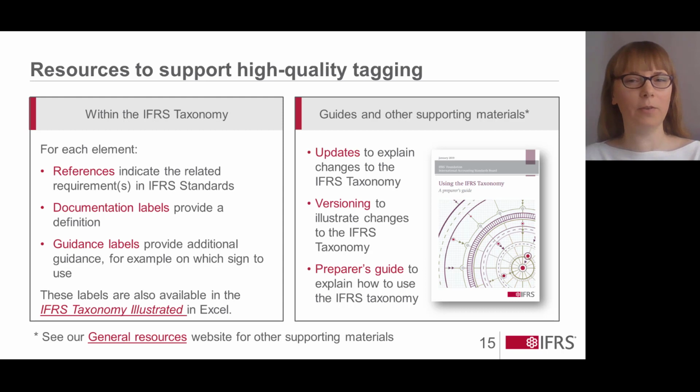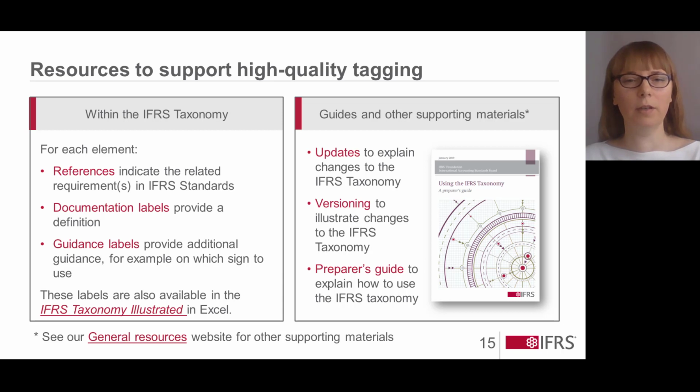We also have a number of supporting materials on the website. Updates are helpful in explaining changes made to the IFRS taxonomy. Versioning information illustrates how those changes affected the IFRS taxonomy. We also have guidance for preparers that explains general use of the IFRS taxonomy. At the bottom of the page, we refer to the website where you can find more supporting materials.